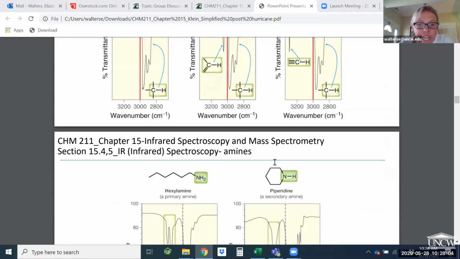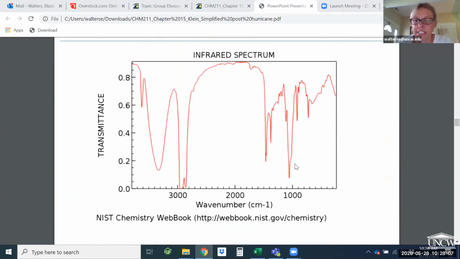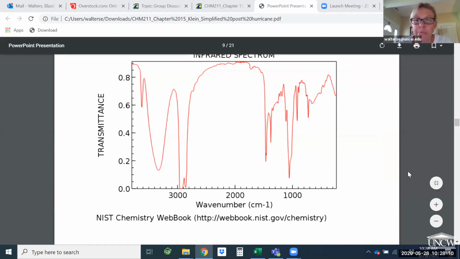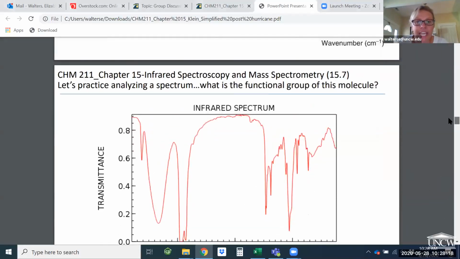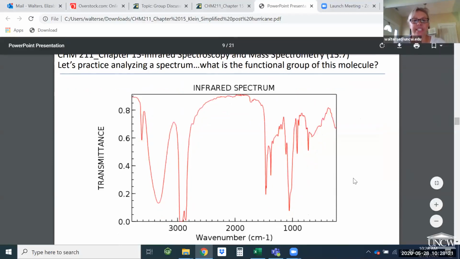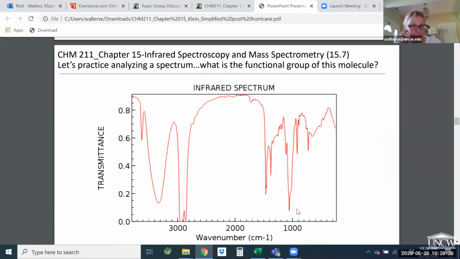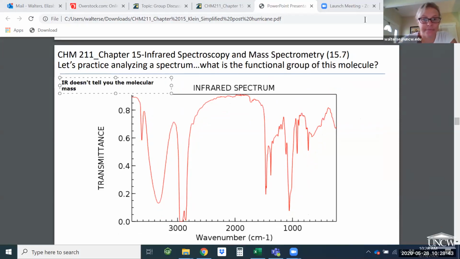So if we go down here, this is the sort of thing that you should be able to do by Monday. It's basically asking you, if you see this infrared spectrum, what is the functional group of the molecule? The IR doesn't tell you the molecular formula or the molecular mass.